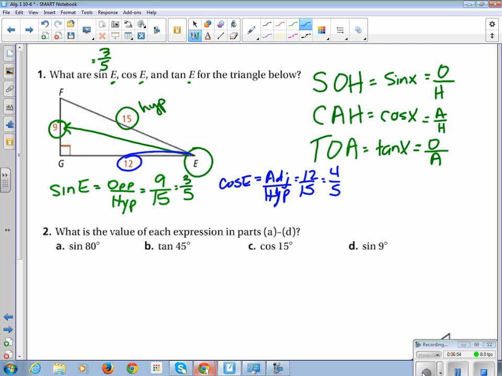So the cosine of E is 4/5. And lastly, but not leastly, we have tan of E, and that is the opposite side over the adjacent side. And the opposite side is 9, adjacent side is 12. That reduces down to 3/4.